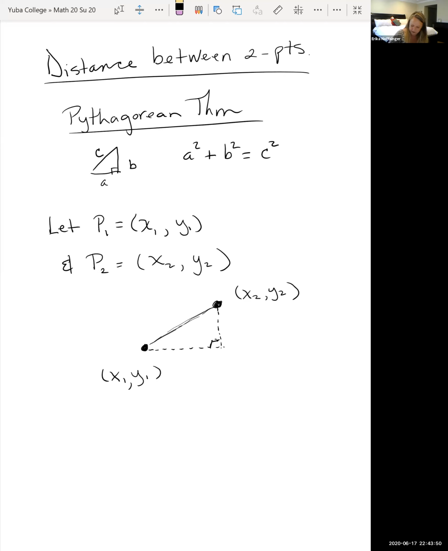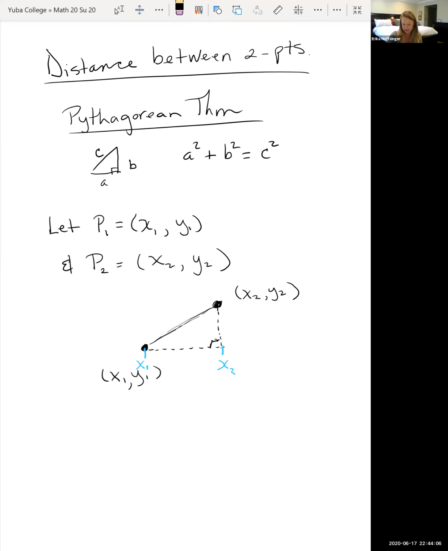Well, if we want to figure out the distance of that base of the triangle, this x value right here is X sub 2, and this x value right here is X sub 1.